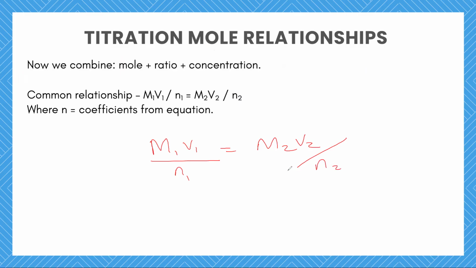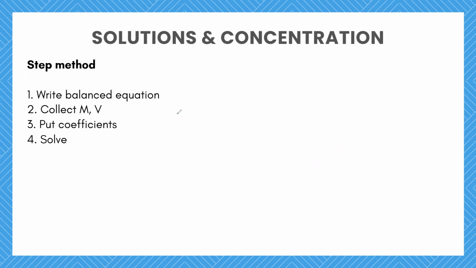Each of these variables has what it means, and we're going to be going in depth into each of them. But just have that at the back of your mind that for titration calculations and questions, that is the formula to be used. So here is a step-by-step method for handling scenarios like this. The first thing to do would be to write the balanced equation. Then the second thing to do would be to collect the values.